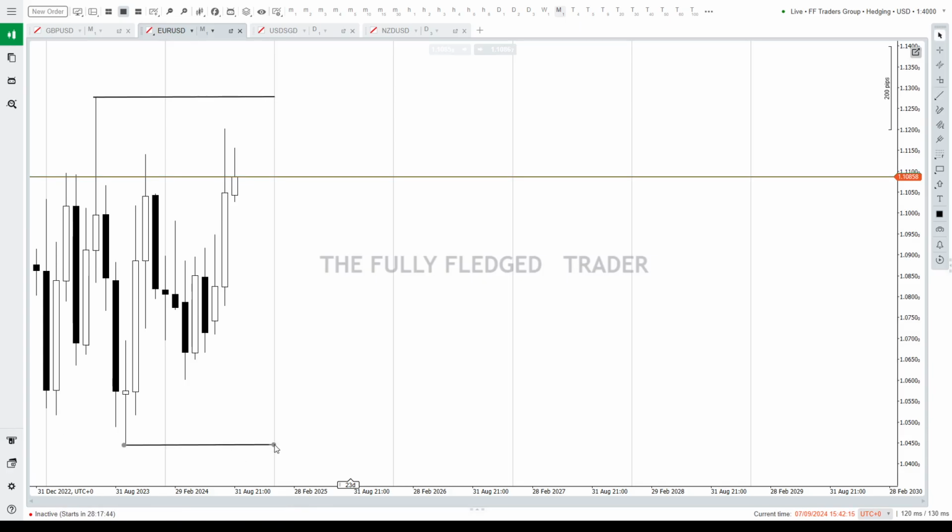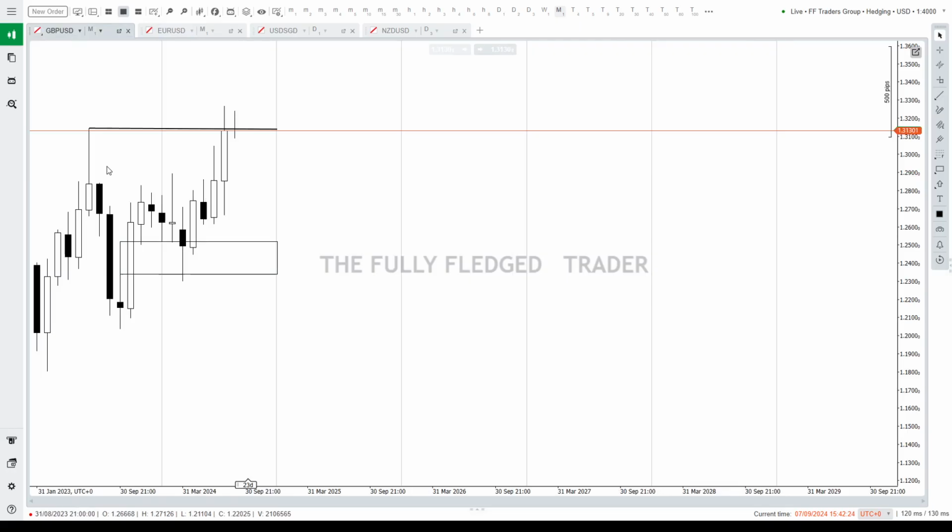There was this high here which has been purged, but on the British pound dollar, the high there, like this one here, was purged earlier before price traded into this inefficiency. So this one became the target there.